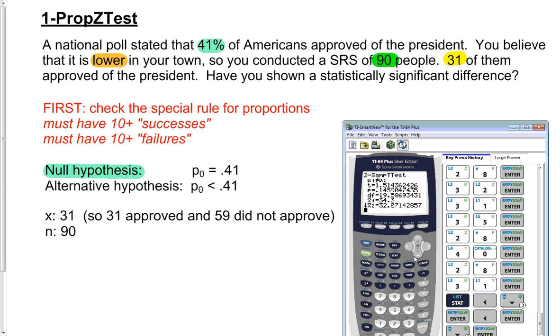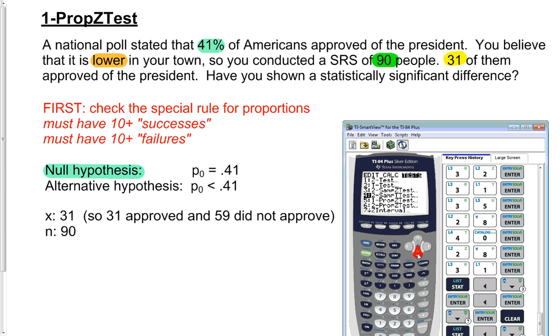So this initial part might have been a little bit confusing, but the rest is just punching in values. So we go over to our stat tests, and we go down to one prop z test. You'll notice that it's z and not t again, but for real data, the z test will work when we're dealing with proportions, so z is just fine.